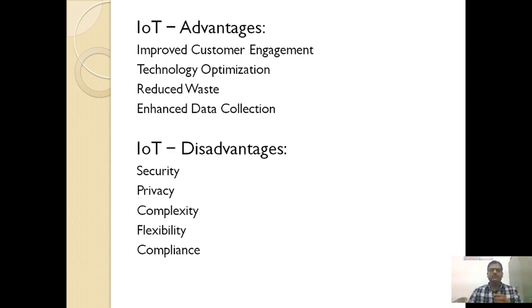Next one is reduced waste. IoT makes areas of improvement clear. Current analytics give us specific insight, but IoT provides real-world information leading to more effective management of resources.